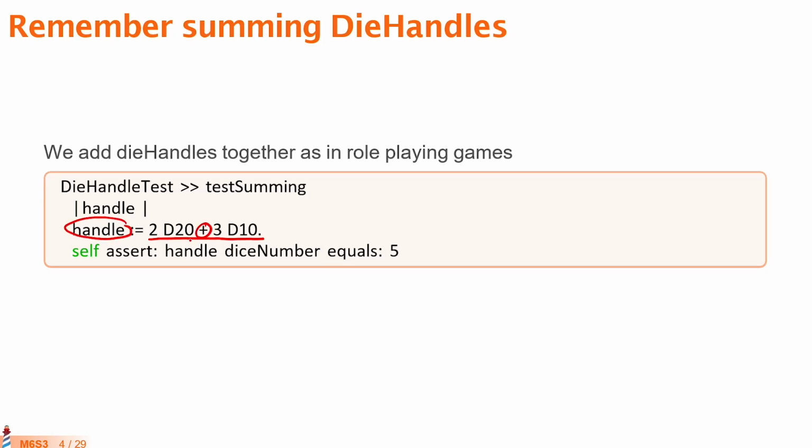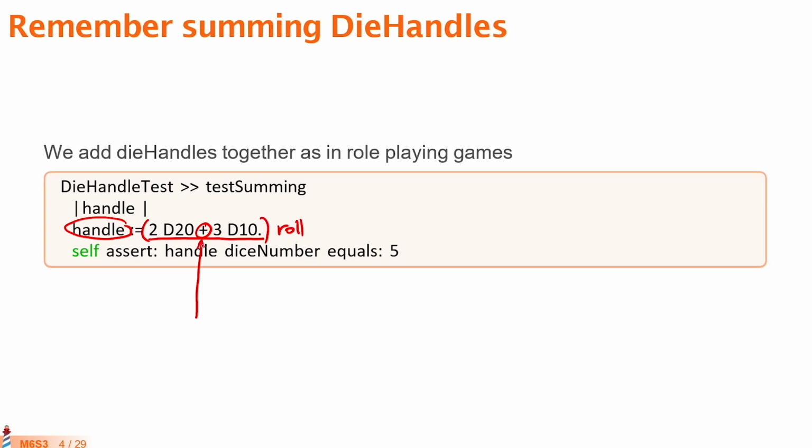And like that, we could take the Dungeons and Dragons books and just write this expression, put it in parentheses and write roll, and then we could just play our games following what is written in the book.